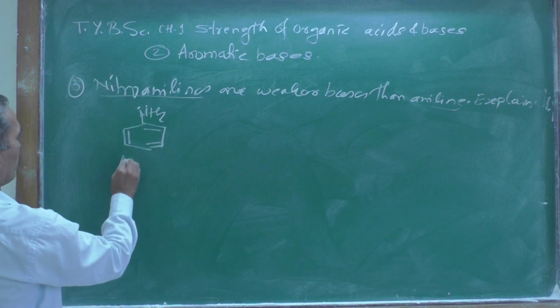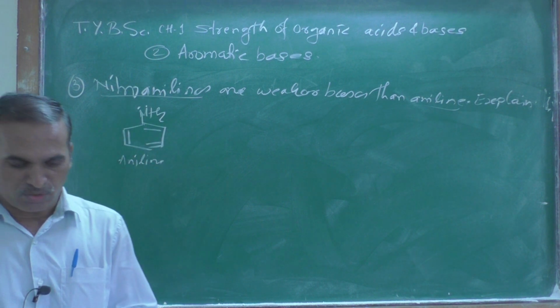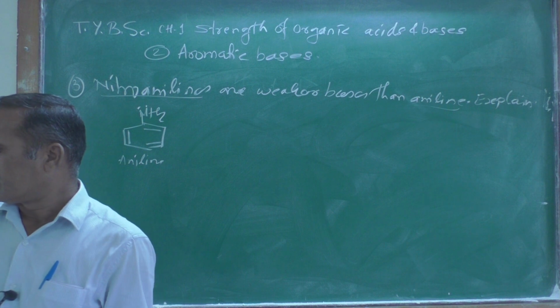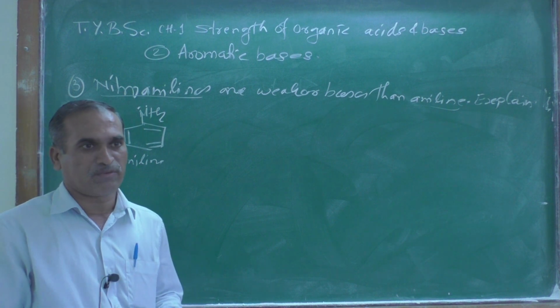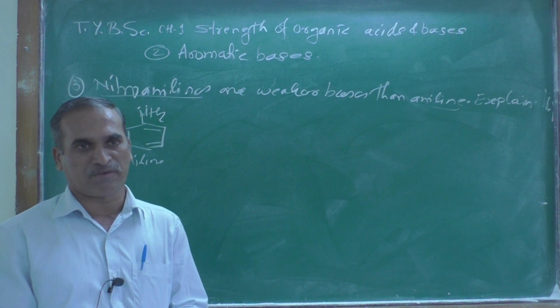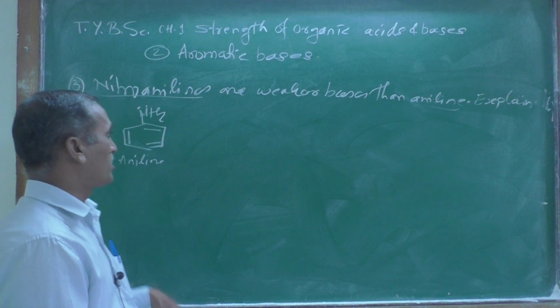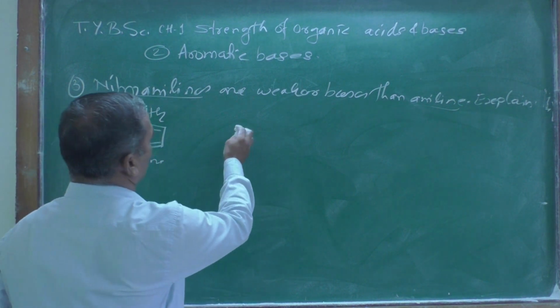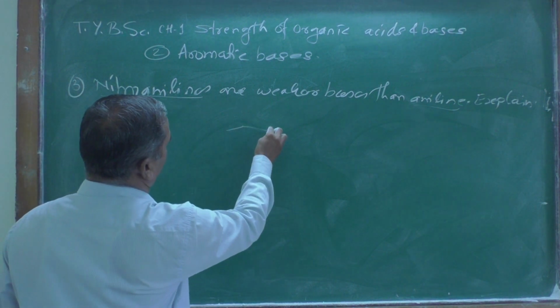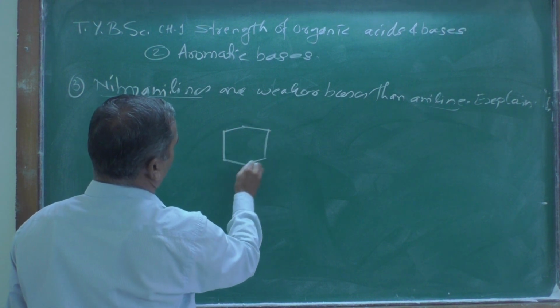And now nitroanilines are present in 3 isomeric forms. Isomers means same molecular formula but different structures, and that phenomenon is known as isomerism. Now let us look at the first structure.